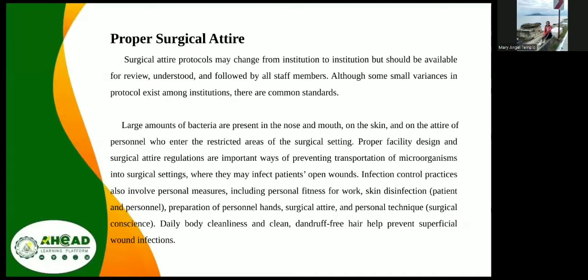Infection control practices also involve personal measures, including personal fitness for work, skin disinfection, preparation of personal hands, surgical attire, and personal technique. Daily body cleanliness and clean, dandruff-free hair help prevent superficial wound infections.